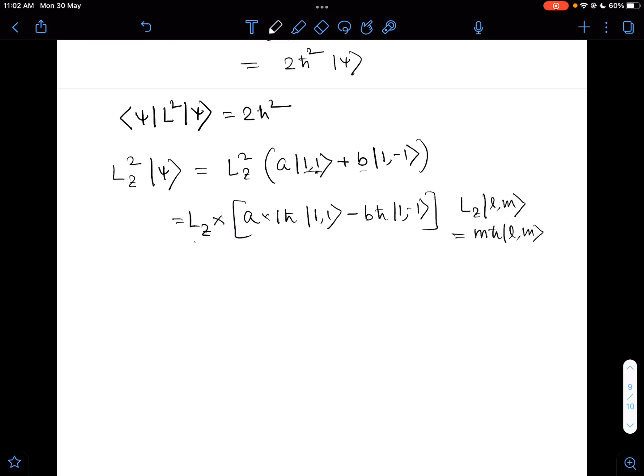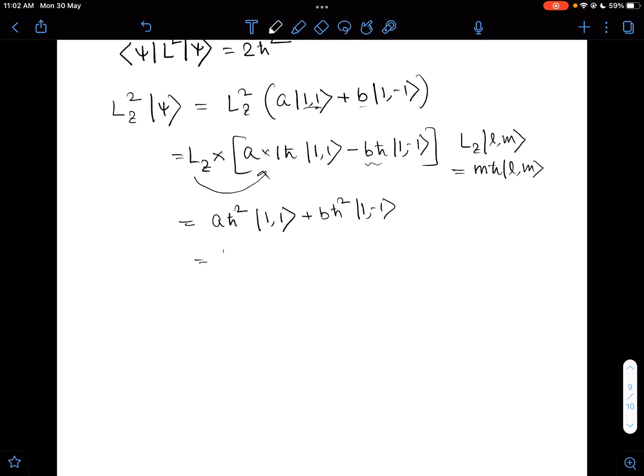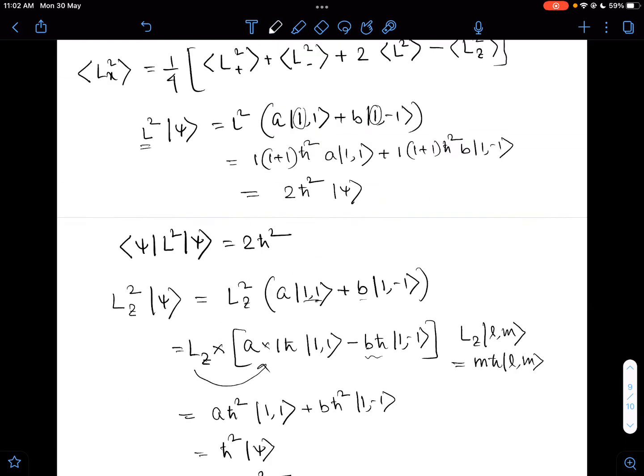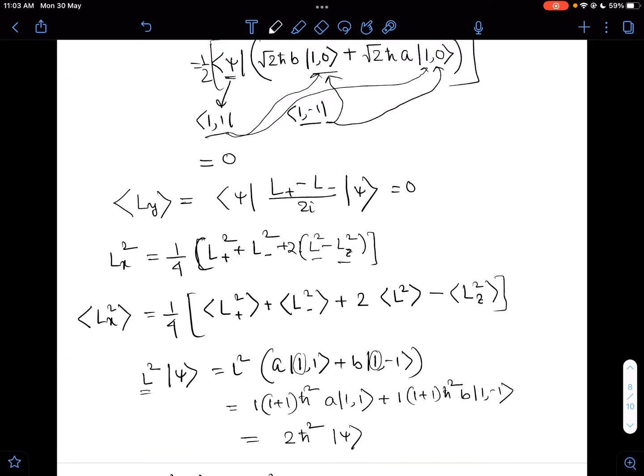Now if we apply it again, we again get 1ħ here, so Aħ² |1,1>, and again we get minus 1ħ, so it will be Bħ² |1,-1>. So we have ħ² psi. So the expectation value of Lz squared is ħ squared.